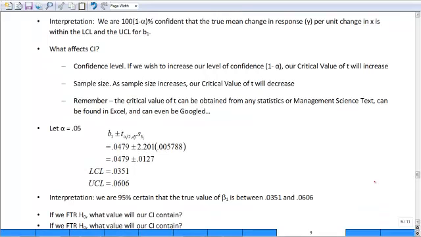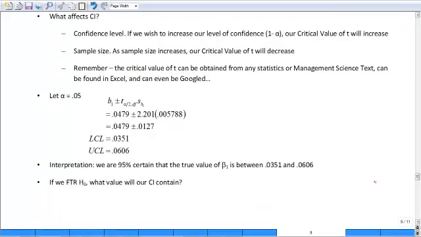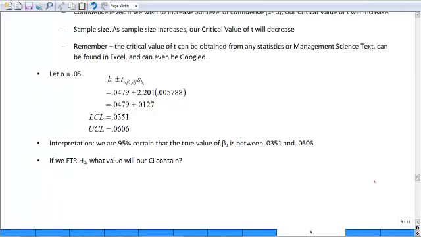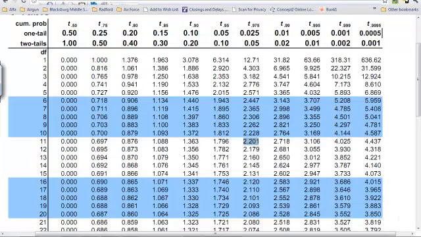The point estimate for the slope is 0.0479. For the critical value of t, if we go to a t table and we look for a two-tailed test, alpha of 0.05 and 11 degrees of freedom, this is the error degrees of freedom, n minus (k plus 1), the critical value of t that we're going to need to use is 2.2.